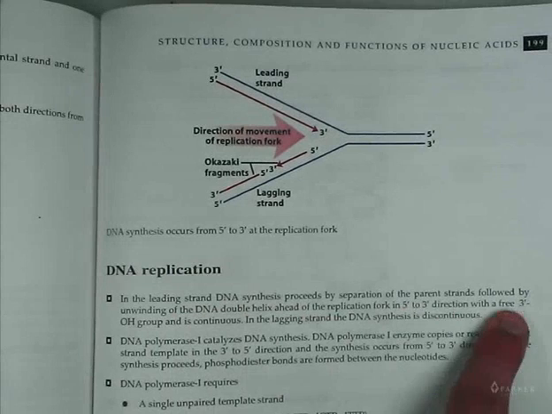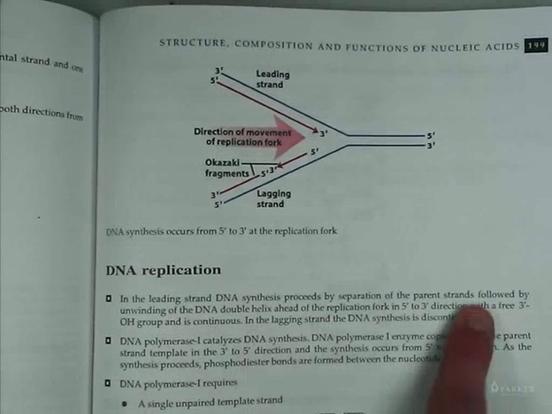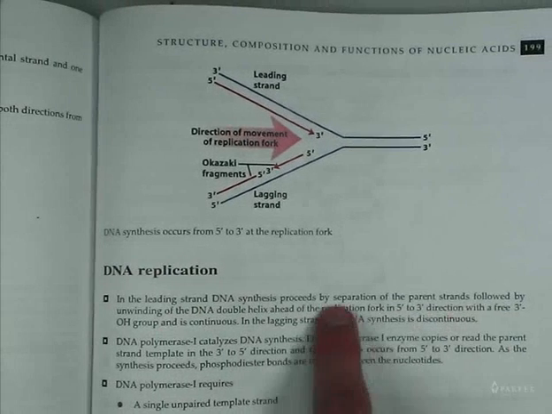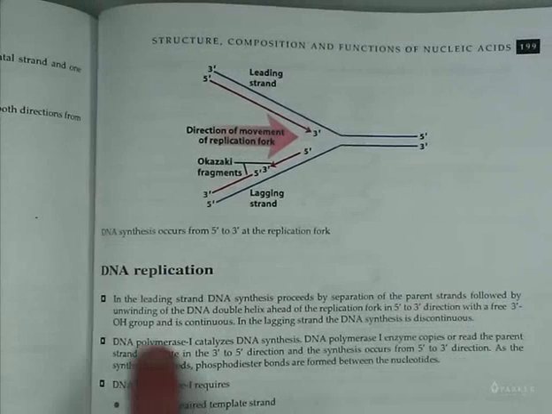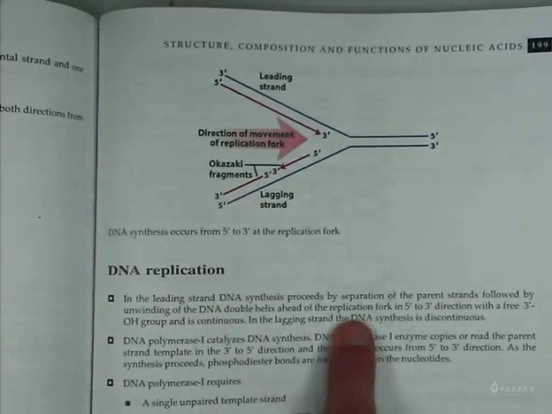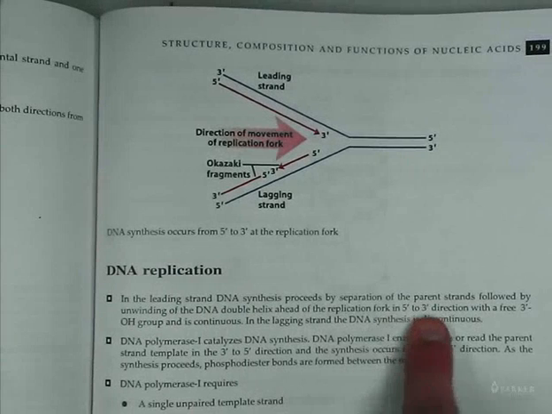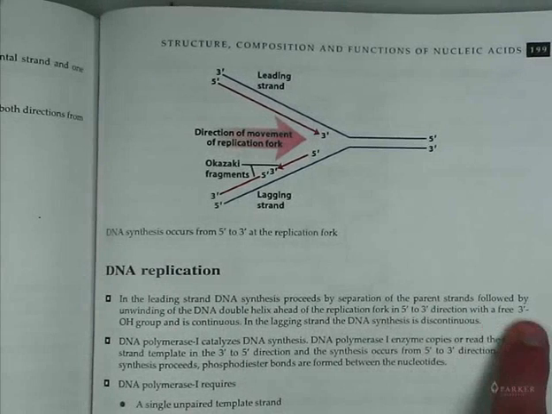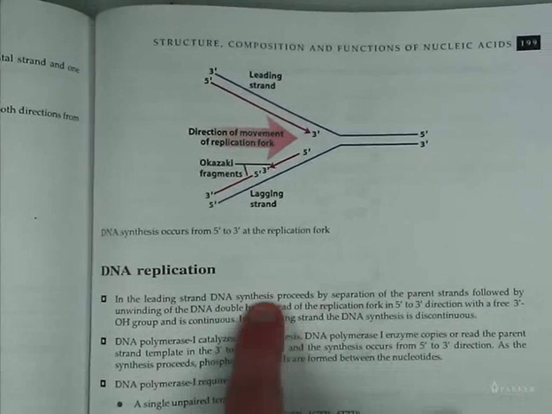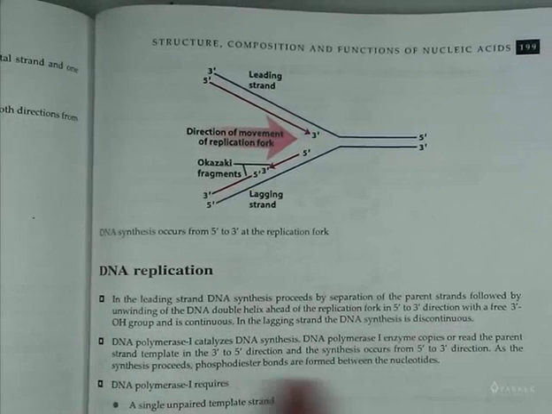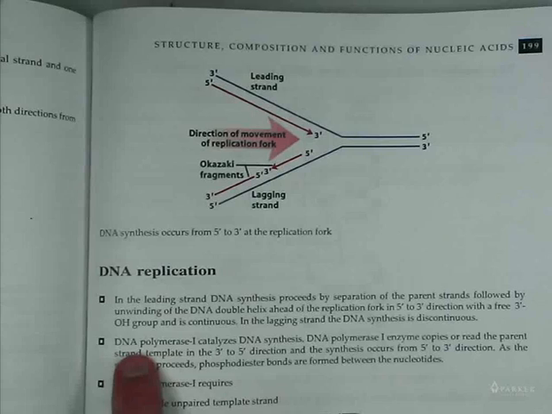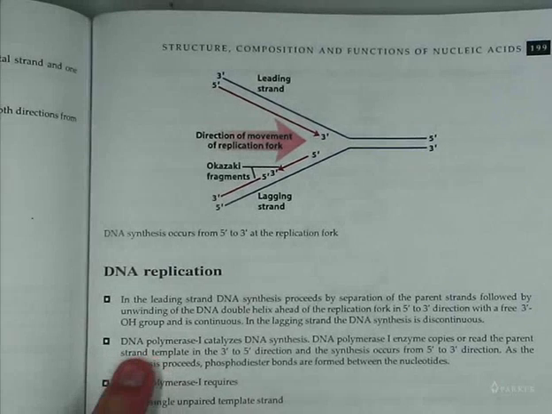In the leading strand, DNA synthesis proceeds by the separation of parent strands, followed by unwinding ahead of the replication fork in the 5' to 3' direction. So the leading strand is 5' to 3', yes?